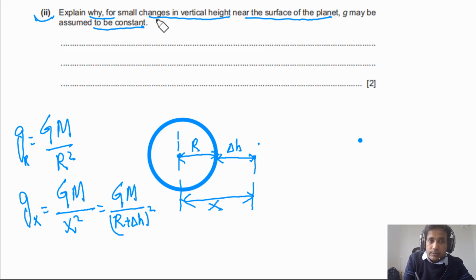Now in the question it is given that there are small changes in the vertical height. Small changes in vertical height means that this delta h is very small, about equal to 0.